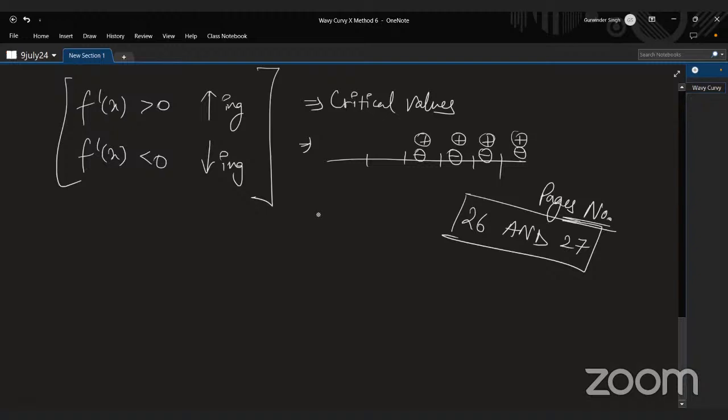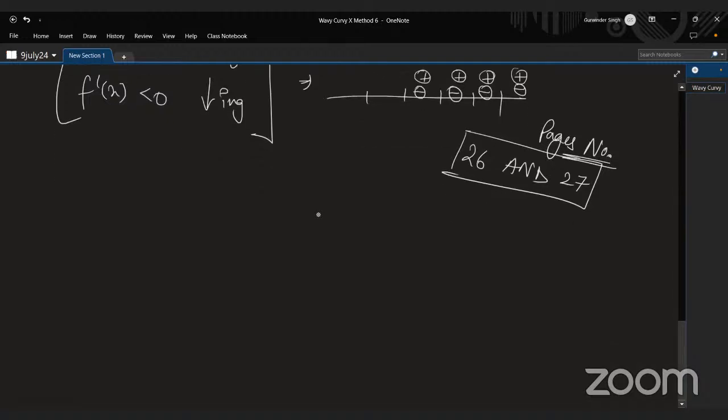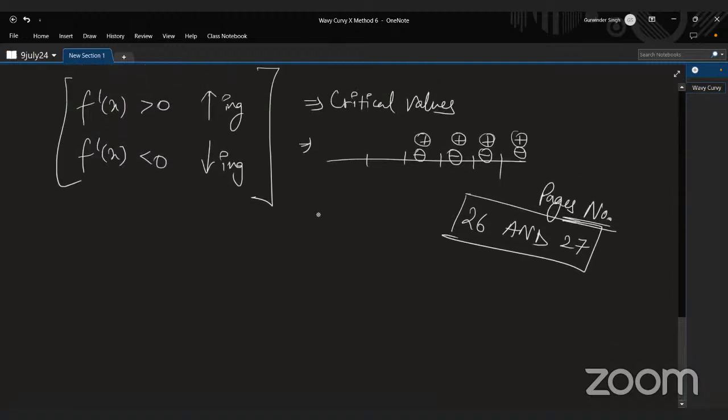In that you will find this wavy curvy method, and we have a few problems also. Among them, you can solve question number 26 on the PDF that I shared yesterday. There are a total of 6 subparts like this.